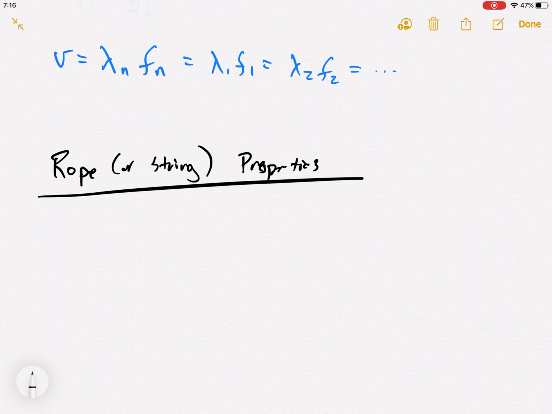One is the weight of the rope, and what I really mean by that is the linear density.